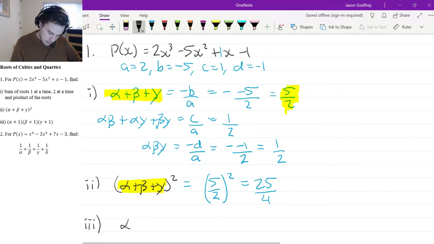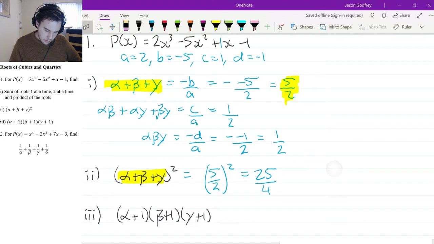The next one, alpha plus 1, beta plus 1, gamma plus 1. We don't have alpha by itself, beta by itself, and gamma by itself, so we can't add 1 to them and then times those three things together. So what should we do?